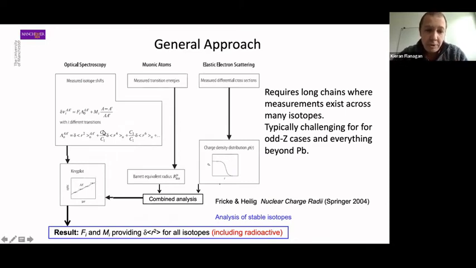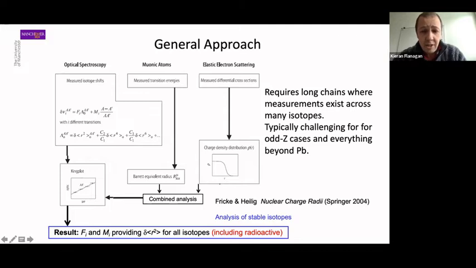We have our optical measurements, which we deconstruct into a field shift and a mass shift. We can compare those with the king plot method, which we've also discussed multiple times already. That requires input from other measurements, such as muonic atoms or elastic electron scattering, which requires some combined analysis of that data to then utilize the king plot method to extract the field shift and the mass shift using these other measurements of the charge radius.